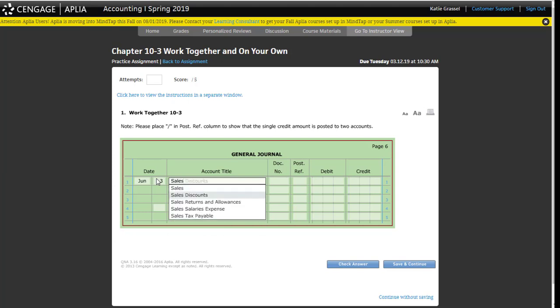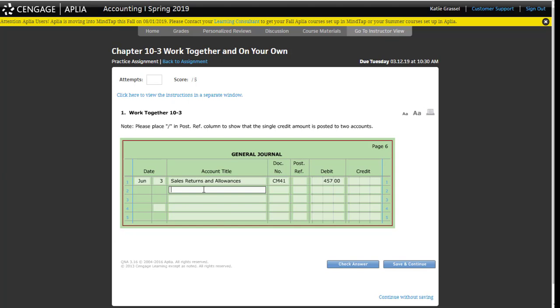So I'm going to do sales, returns, and allowances. Source document CM41. What is the value of the product that was returned? $457. Now, the customer also no longer owes sales tax, which means we no longer owe sales tax.